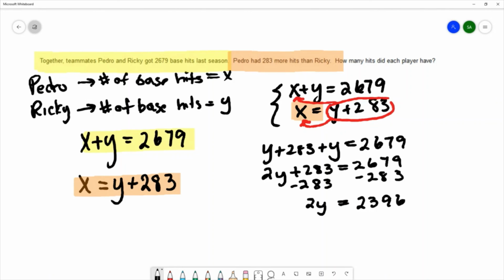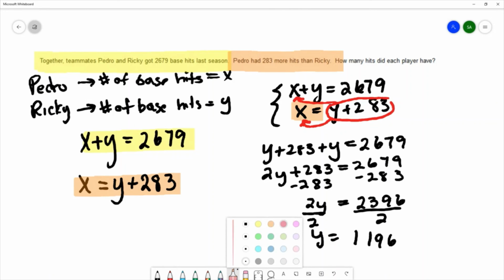And 2y on the other side. I'm going to divide both sides by 2, giving 1,196.